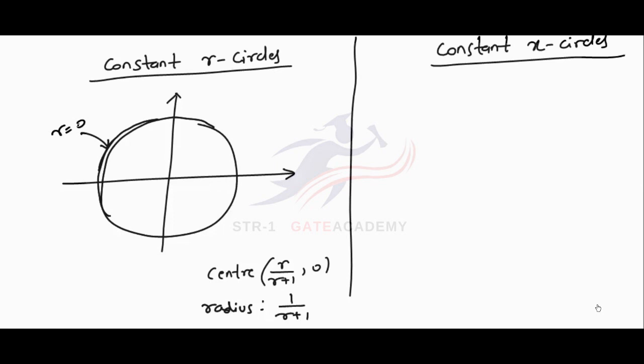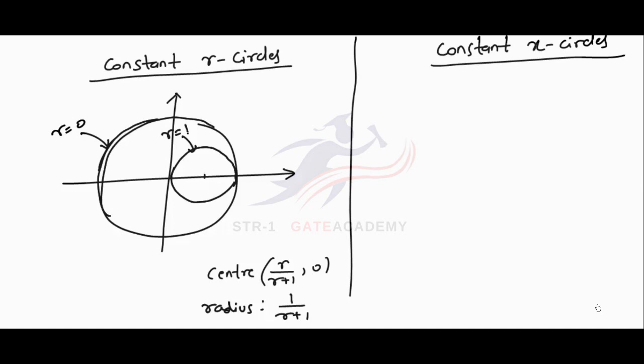Then next, for r equal to 1, we have center at 1 by 2 comma 0 and radius is half. So this circle will be like this. This is the r equal to 1 circle.